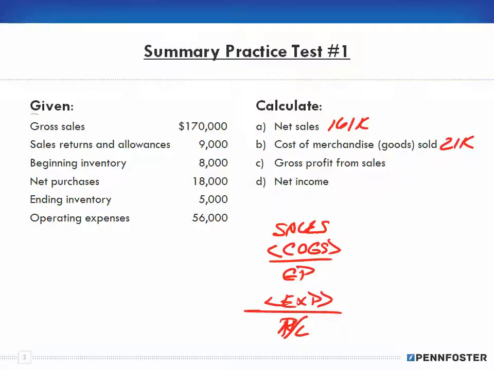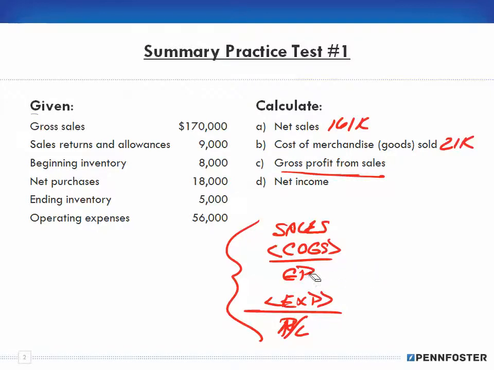So here we're talking about the gross profit from sales, and that's right there. Remember, this is the structure of the income statement. What we need to know here is our sales, then our cost of goods sold, in order to obtain our gross profit.